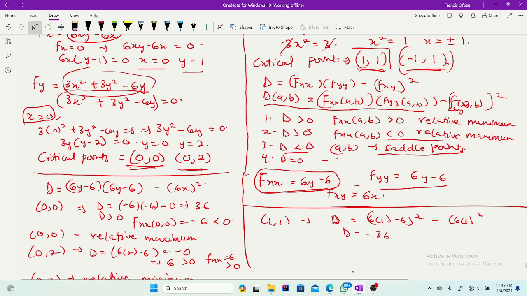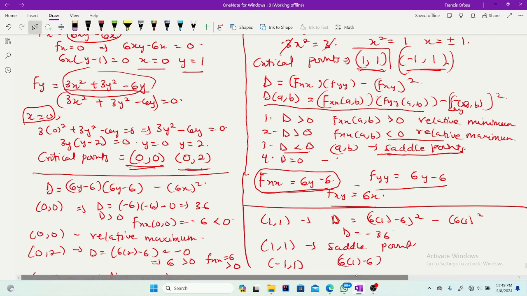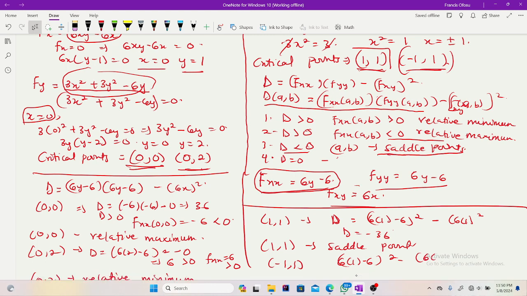Remember, when d is less than 0, the condition is a saddle point. You need not do any test again. So we simply say that the point (1, 1) is a saddle point. Now let's finally check (negative 1, 1). For (negative 1, 1), my y is still 1, so you have 6 multiplying 1 minus 6, all squared, then minus 6 multiplying x, which is negative 1, all squared.